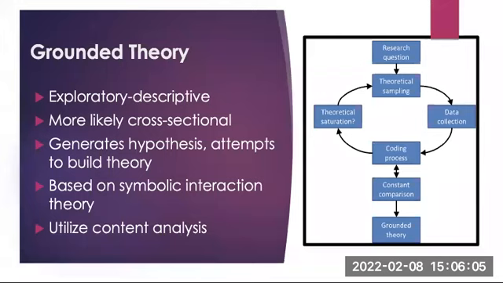So for example, I could do a grounded theory study to better understand why some immigrants in Doña Ana County are able to access social services effectively while others cannot. So I would learn about the different elements that are helping one group and that are serving as a barrier for others, who are not able to access services effectively and appropriately.